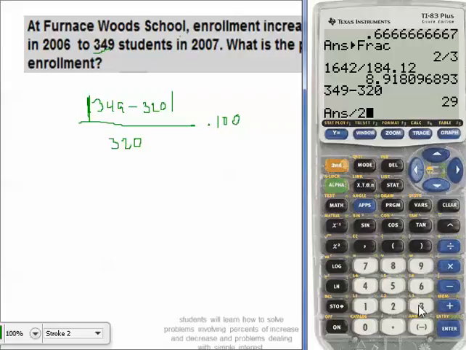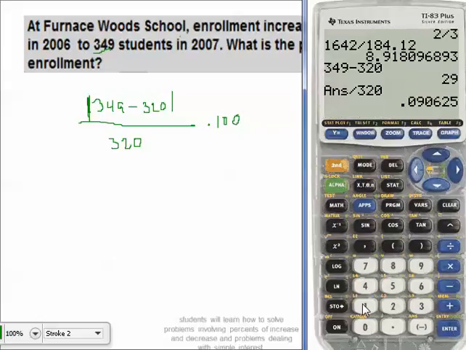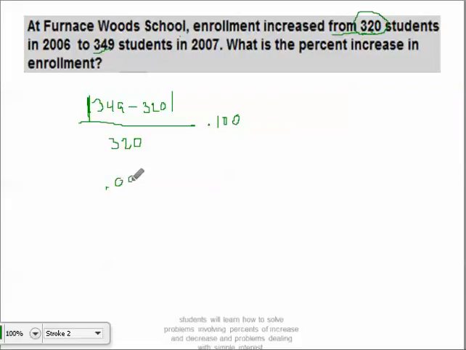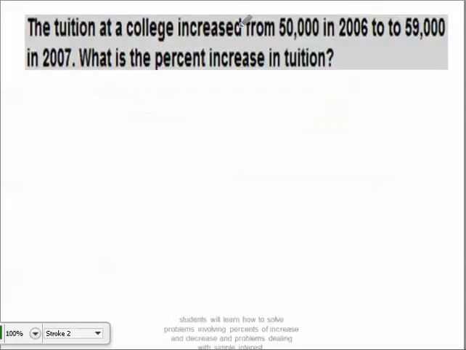We divide by 320, and we get 0.0906. 0.0906 times 100 is going to give me a 9.06% increase. Cool? Let's try another one.